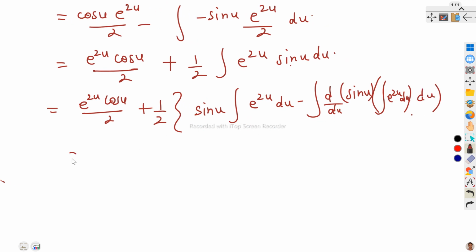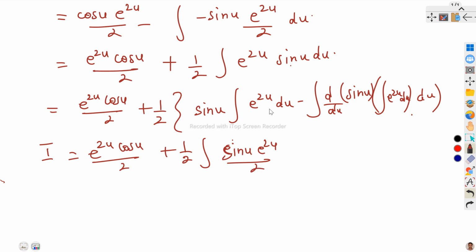So this integral becomes e raised to power 2u cos u upon 2, this is I, and this is 1 plus 2 sin u e raised to power 2u upon 2, since the integration of e raised to power 2u equals e raised to power 2u upon 2, and this is minus cos u e raised to power 2u upon 2 du.